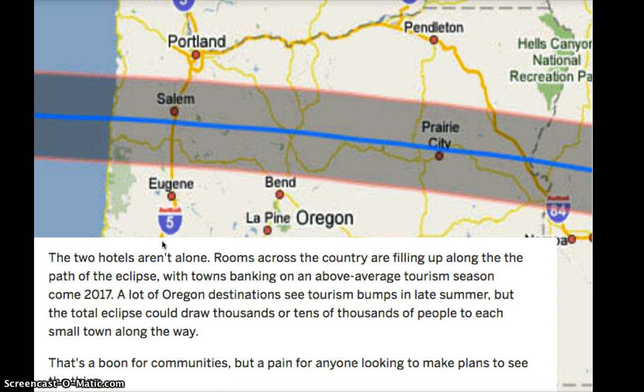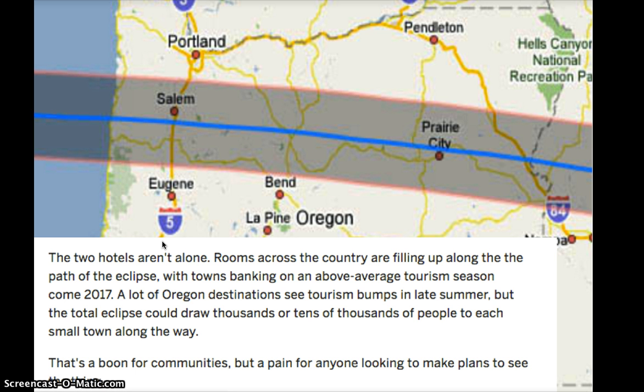So take, for example, a Motel 6 in Madras, Oregon. On a typical night, a room might go for $49.95. But in 2017, there was a very famous full solar eclipse that happened to go right across the middle of Oregon and right across the middle of Madras.